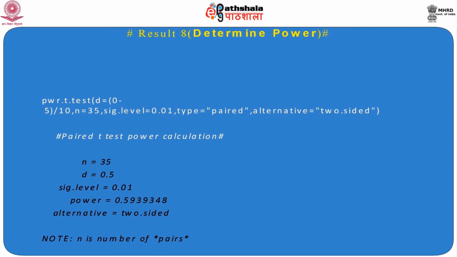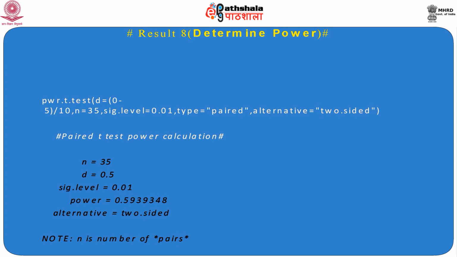Now we are going for another scenario where we have the sample size. Based on the sample size, we want to find out what can be the desired power. So here see the d has been replaced from 0.5 by 5 to 0.5 by 10, and n equals to 35 is considered with significance level 0.01.